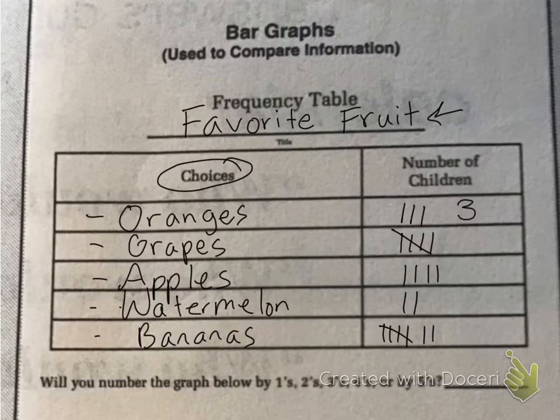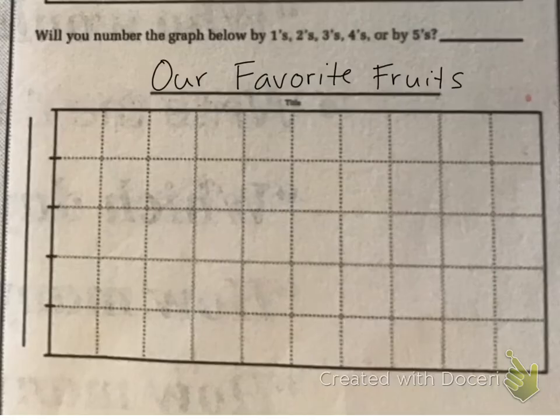So 3 people like oranges, 5 like grapes, 4 like apples, 2 like watermelon, and 7 like bananas. Okay. So which fruit was chosen by the most children? That's going to be bananas because my number was the highest. So now we're going to make a bar graph to show this information.